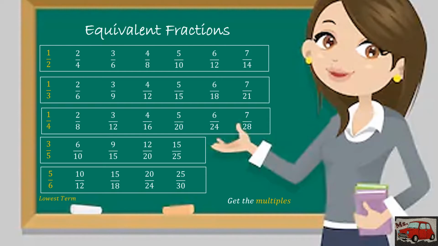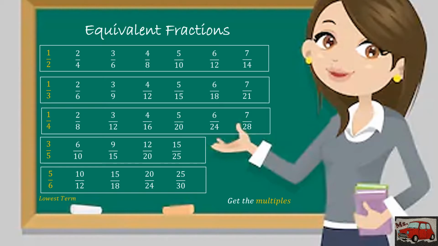So, lahat ng katabi niyang fractions, equivalent fraction yan ni 3/5. Okay? So, other way is multiply natin siya sa isang number. So, let's say 3. So, 3 times 3, that is 9. And then 5 times 3, that is 15. So, we can see na ang equivalent fraction ni 3/5, meron siyang 9/15. Okay?